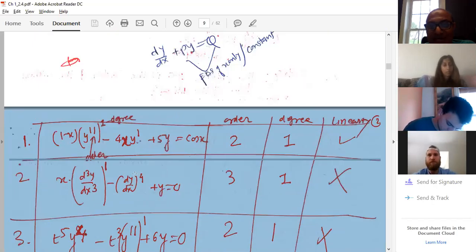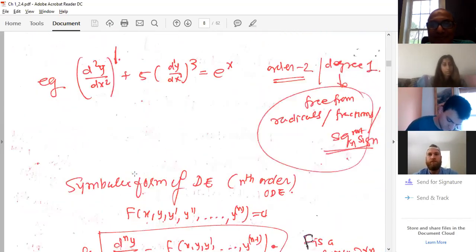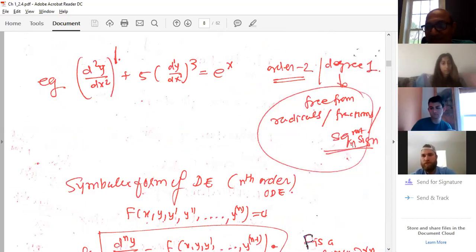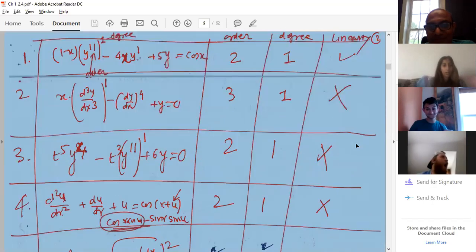Because again, look here. Whenever you measure order and degree of a differential equation, it should be free from radicals, fractions and square roots. Clear? The dy over dx already had an exponent of 2 and it is left untouched, right?